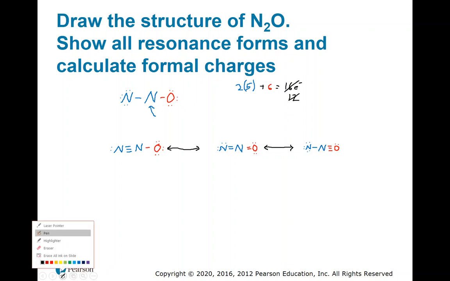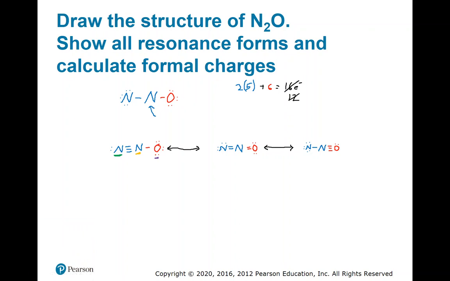So I'll go through in detail the calculations of the formal charges in the structure on the left-hand side. So I'll do the formal charge calculations for the left nitrogen in green, the central nitrogen in orange, and oxygen, I'll do that in purple.